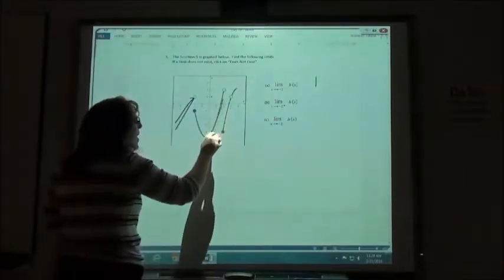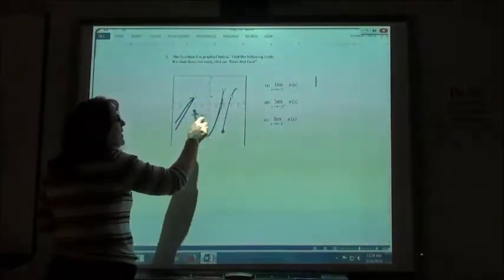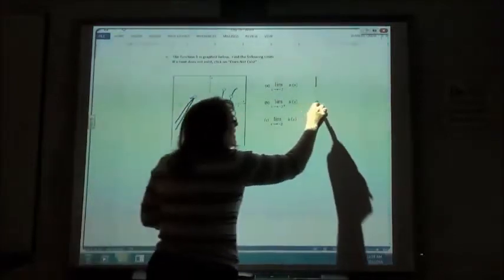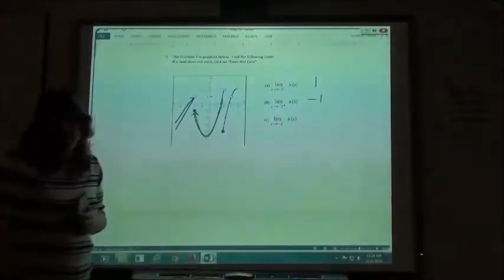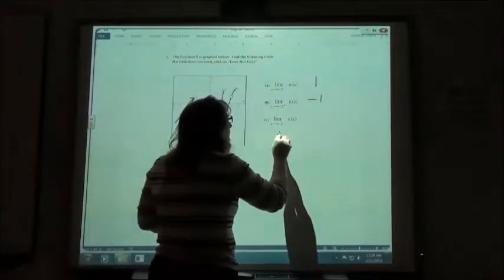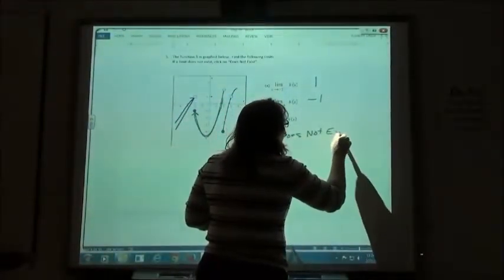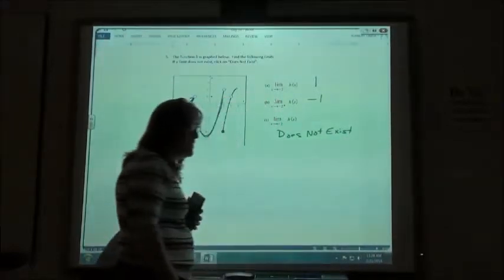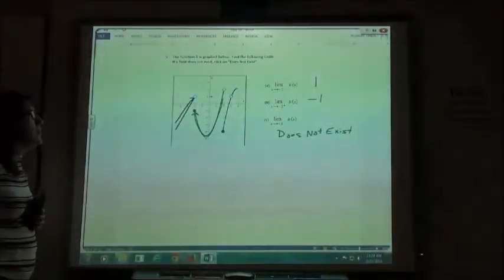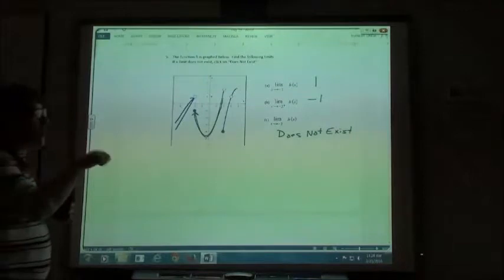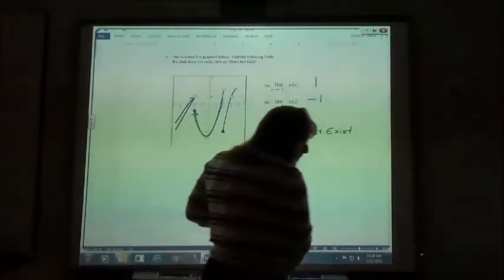So if I come from the positive direction as I go to negative 2, I'm going to end up at negative 1. Again, those 2 numbers are not the same thing, so my limit does not exist as x approaches negative 2, because I have 2 different values when I come from the negative direction and when I come from the positive direction.